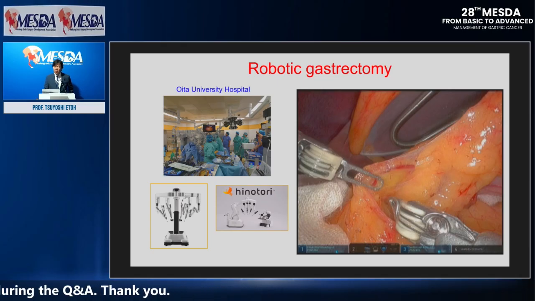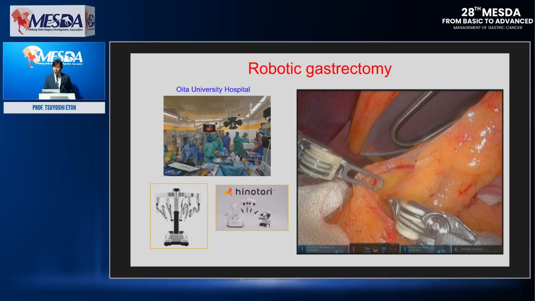Nowadays, many companies develop robotic systems. I don't know the situation in Thailand, but maybe from now, robotic systems will increase worldwide.